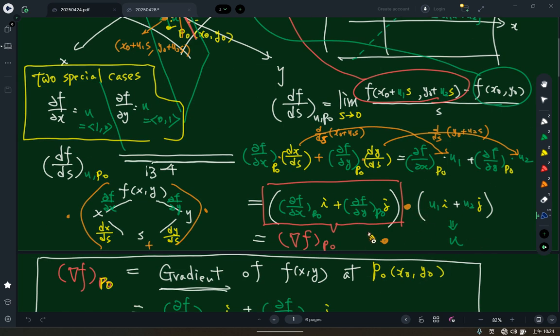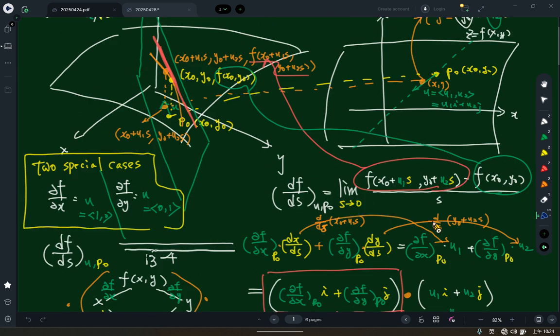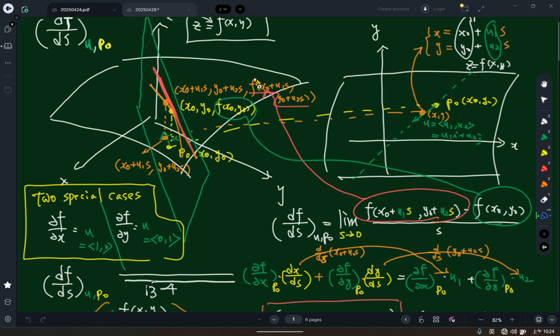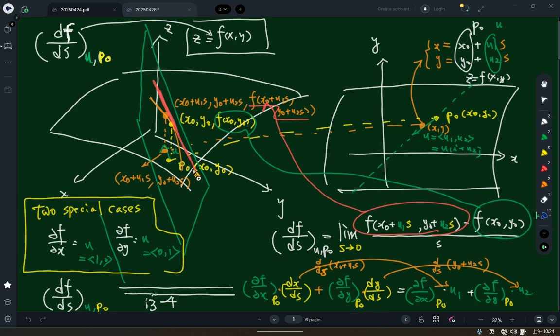Just to remember, if you want to get the directional derivative, there are three things you need to know ahead. The first one is you need to have the surface. That means the question will give you z is equal to f of x, y. Okay, this is the first one. Then the second one is the start point in the xy plane, so that will be x0, y0.